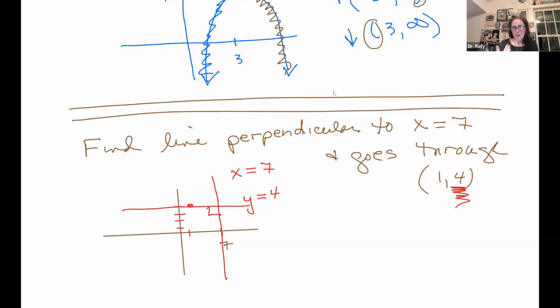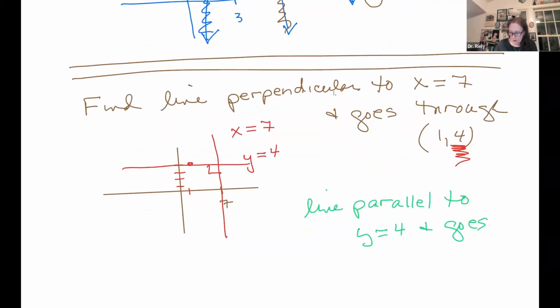You can do the same thing with parallel. What if I say, I want a line that is parallel to y equals 4 and goes through the point 3, 5.